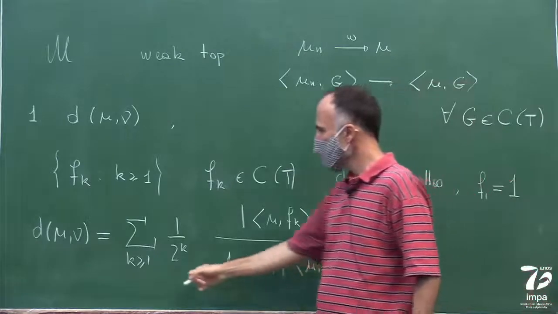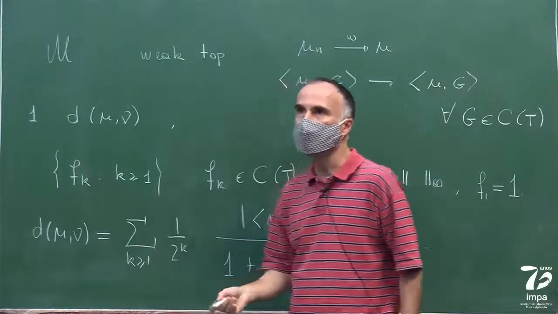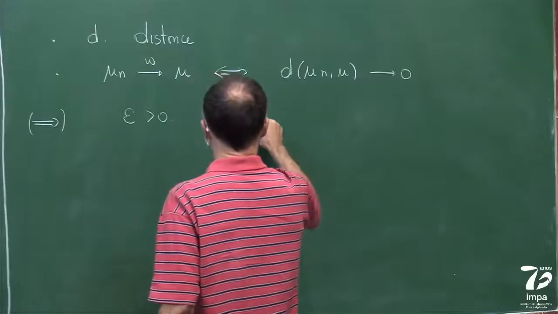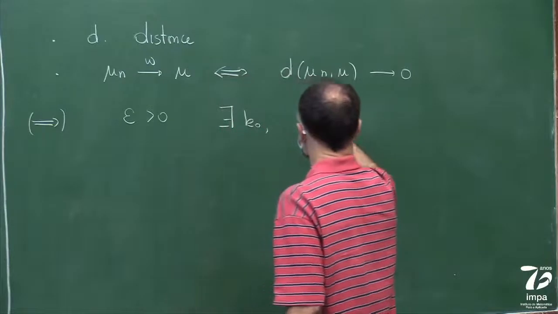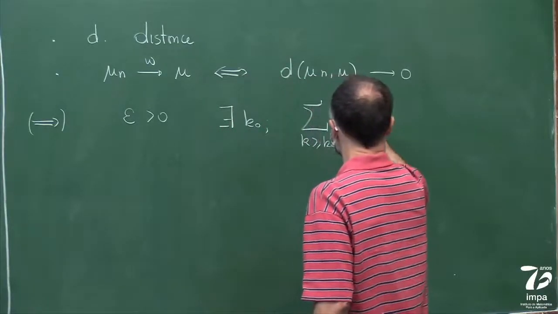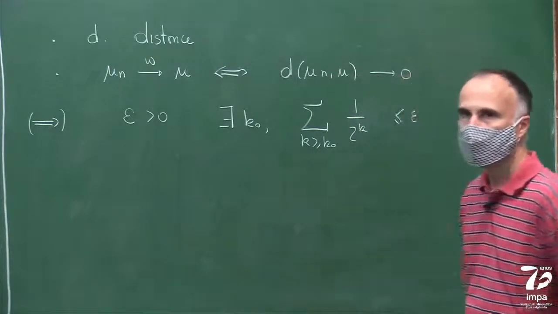So choose a k sufficiently large for this sum to be bounded by epsilon. So there exists a k naught such that the sum for k larger than k naught of 1 over 2^k is bounded by epsilon.